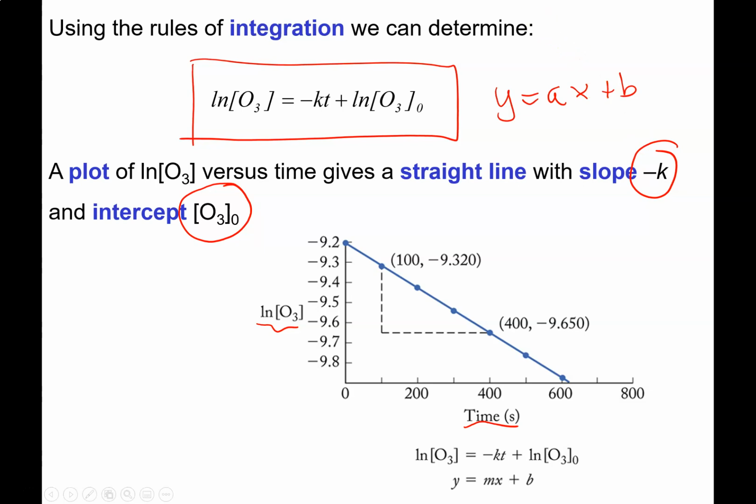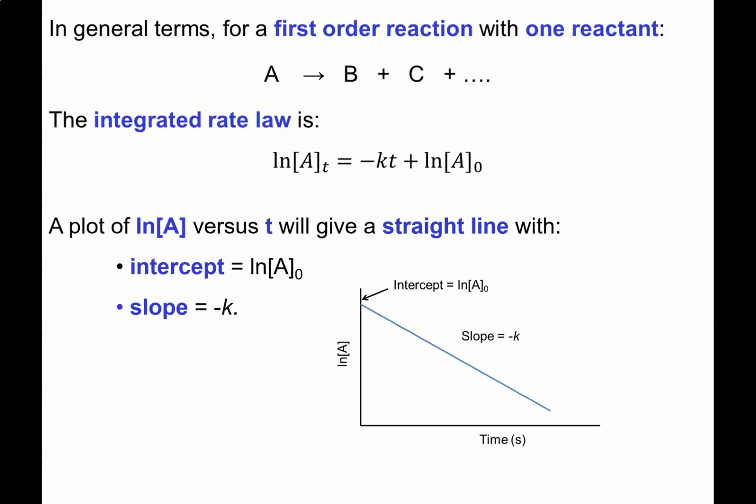So for a first order reaction where we only have one reactant, if we plot log of concentration against time, we will get a straight line, and that'll be a negative slope, and the slope will be equal to minus k. So we can get the rate constant and the order of reaction from a single plot.